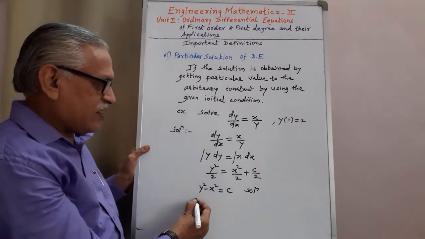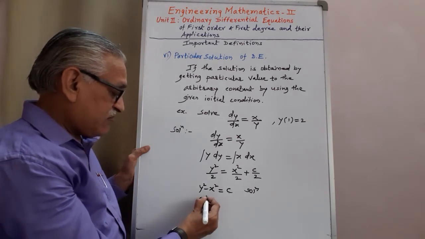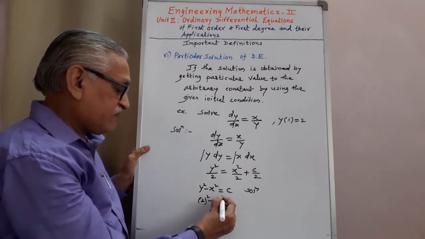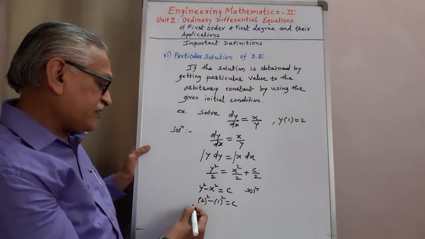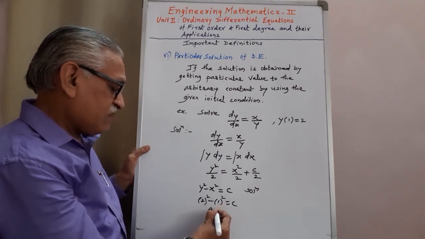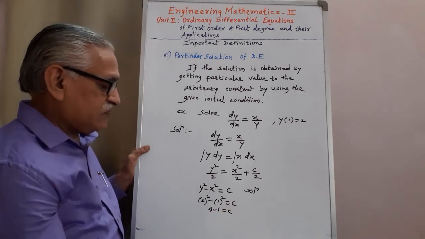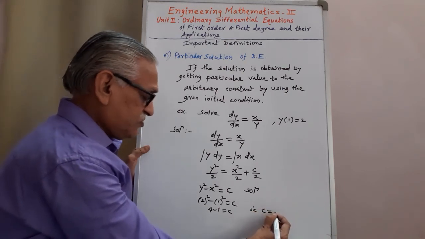Therefore, if we put those values, y is 2, so 2 square minus x square, x is 1, is equal to c. If we simplify it, we get 2 square 4 minus 1 square 1, and we get c is equal to 3.